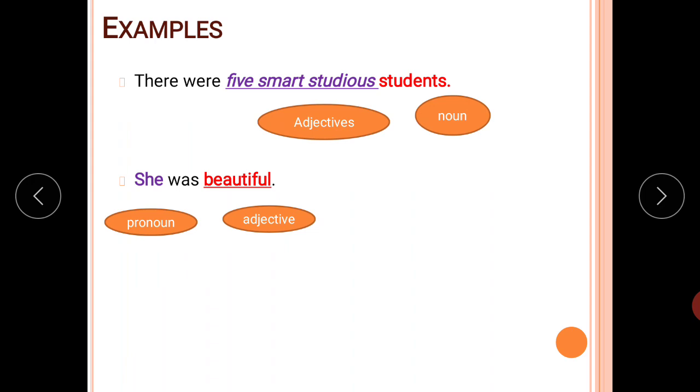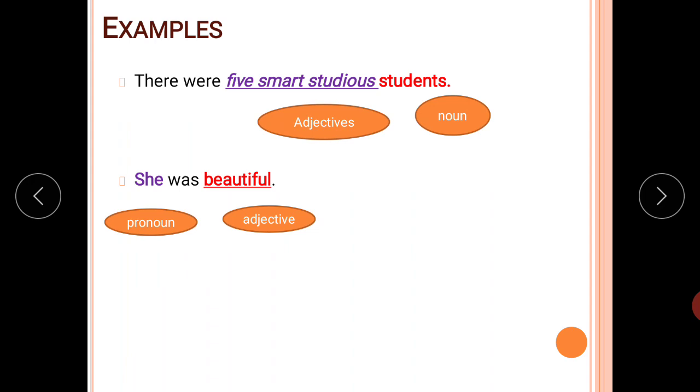It may come at the front or it may come at the end also. In the first sentence, the adjectives are before the noun. In the second sentence, the adjective is found at the end. So it may come anywhere. So you can easily identify what is an adjective.